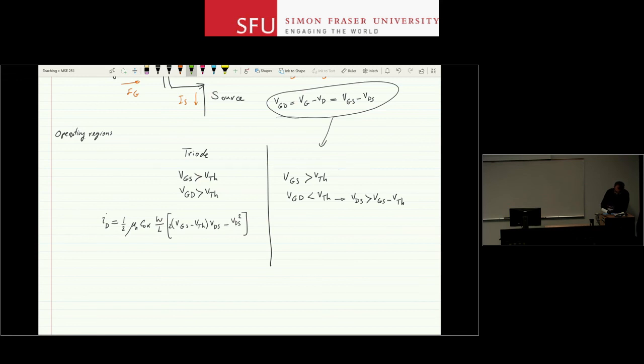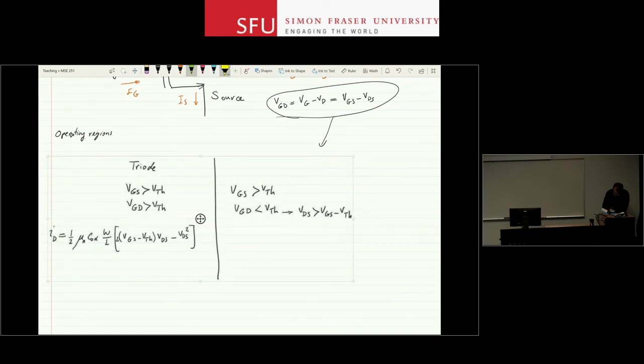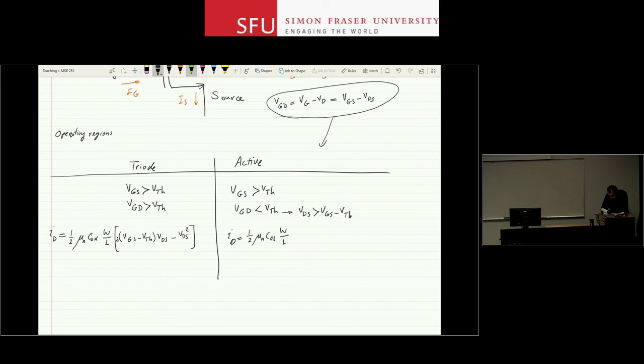Let me move the whole thing a bit to the left. And if this happens, I have a current source at the drain end, and we saw that ID is 1/2 mu n C ox W over L times VGS minus VTH squared.